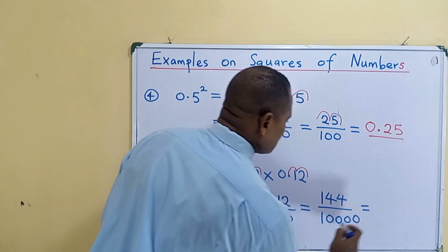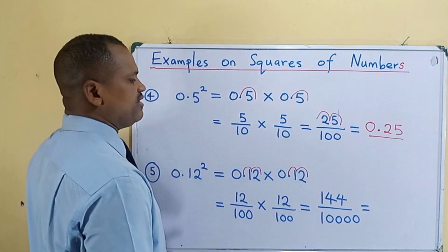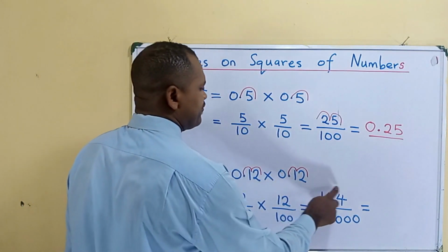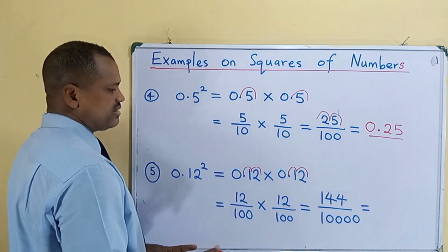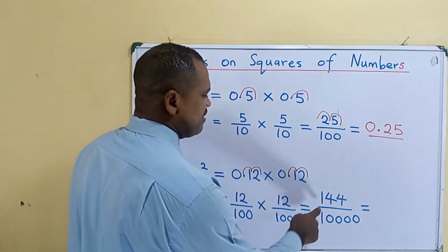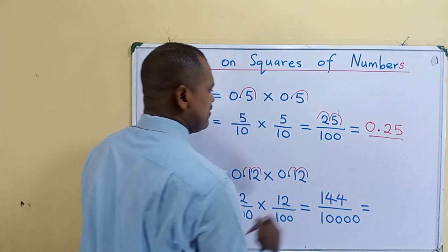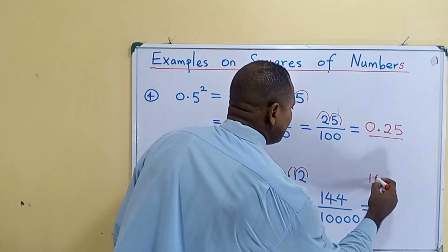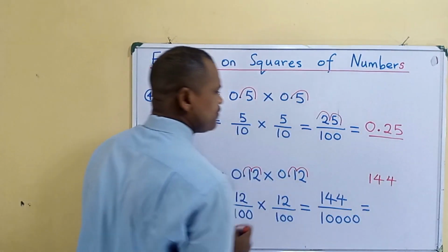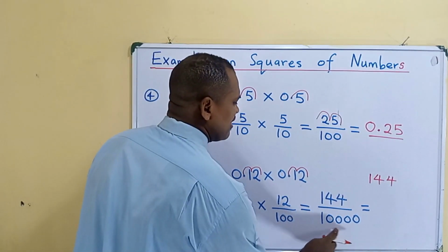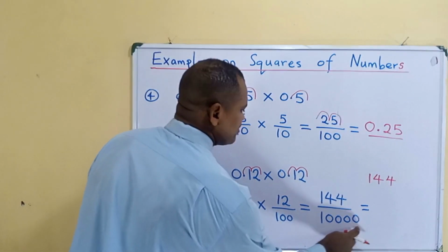So this is also simple. So we are dividing 144 by 10,000. It has how many zeros? Look at 144 here. We are dividing by 10,000, which has 4 zeros.